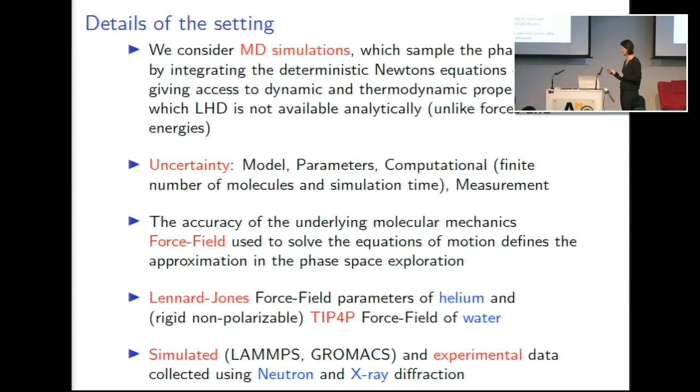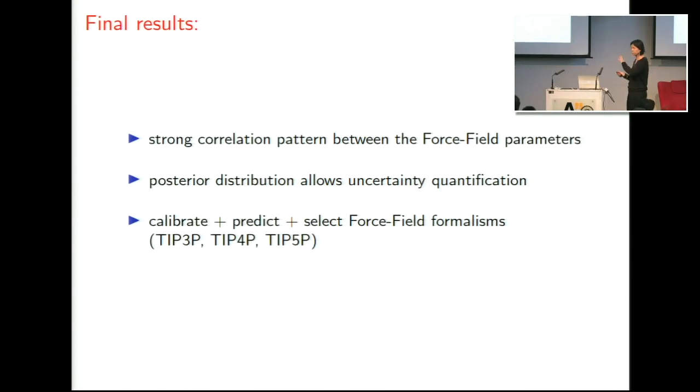So this is the specific application that we will focus on today, and let me give you the final results that we get on those applications. We will come up, despite not having a closed form expression for the likelihood, with a calibration of those force field parameters that show strong correlation among the parameters that we calibrate. And not only can we estimate the parameters, but we also know the uncertainty of the estimation.